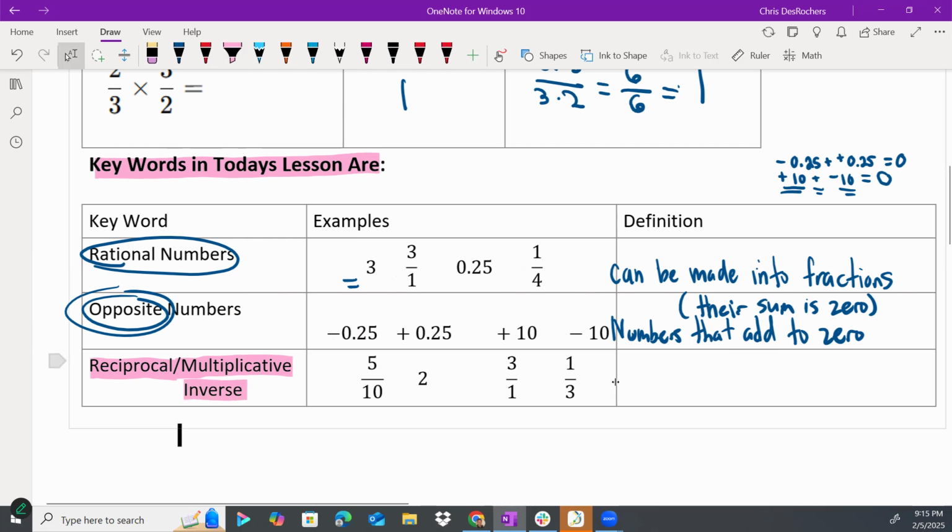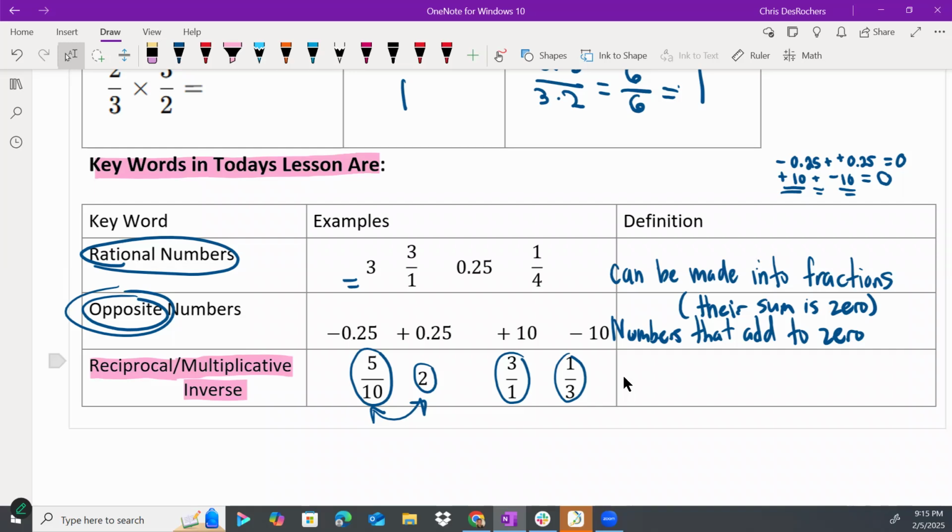All right. And we have some examples here, and some examples are 5 over 10 and 2. And somehow they are reciprocals of each other, or multiplicative inverses. And then we also have 3 over 1 and 1 over 3.